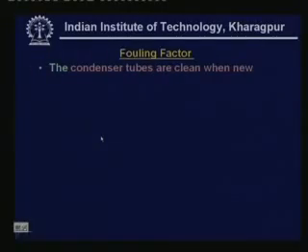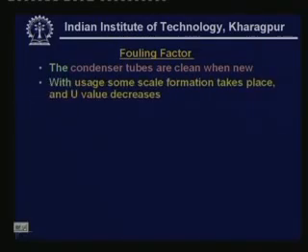Now let us look at the other factors. I was discussing the fouling factor. Generally the fouling takes place when we are using water cooled condensers, because on the air side the fouling is generally less. So whenever we are using water cooled condensers, normally fouling occurs on the water side. The condenser tubes are clean when they are new, so the overall heat transfer coefficient will be high when it is new, but with usage some scale formation takes place.